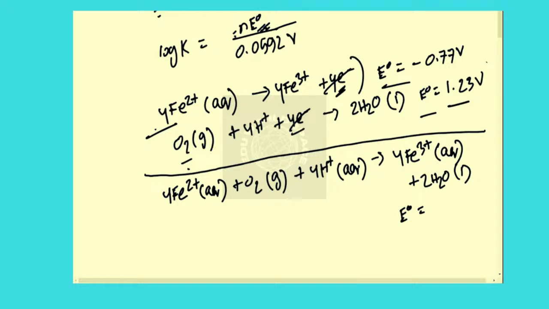So this is the standard cell potential for the reaction given, and now we just have to plug these values into the formula. We know the value of n here is 4, because we have 4 electrons transferring.